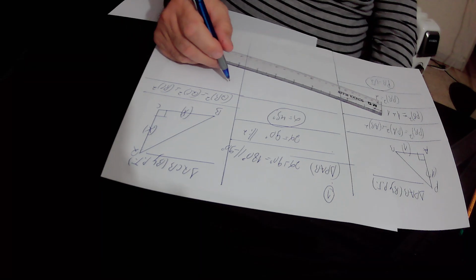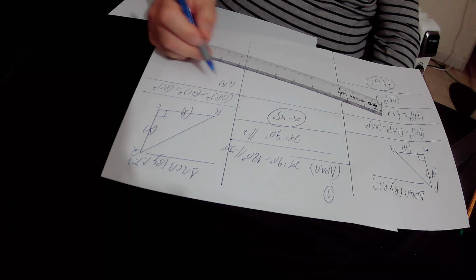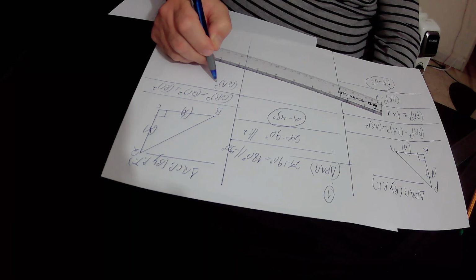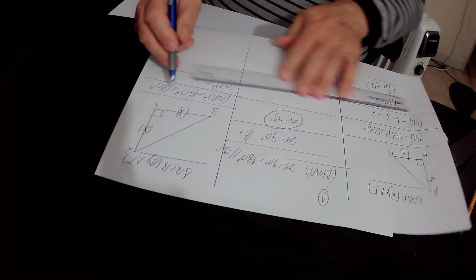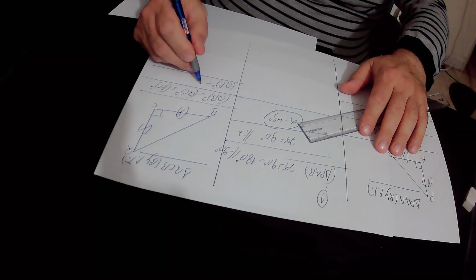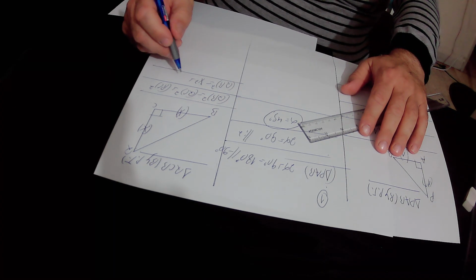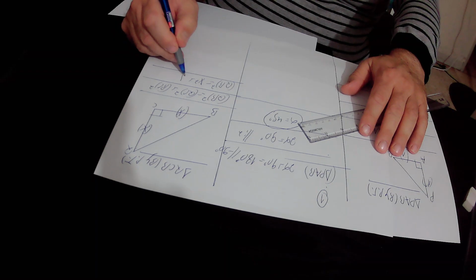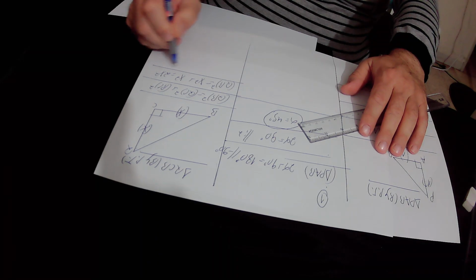So QB squared, that is the square of the hypotenuse, in the right triangle QCB, will be equal to QC squared. QC is x, therefore QC squared is x squared, plus BC squared. BC is x, therefore BC squared is x squared. So in total, QB squared equals x squared plus x squared, that is 2x squared.